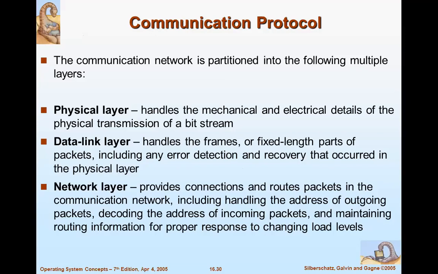Like the physical layer, it handles the mechanical and electrical details of the physical transmission of a bit stream. And similarly, the data link layer handles the frames or fixed parts of packets, including any error detection and recovery that occurred in the physical layer.